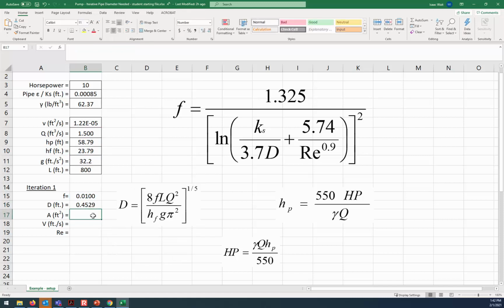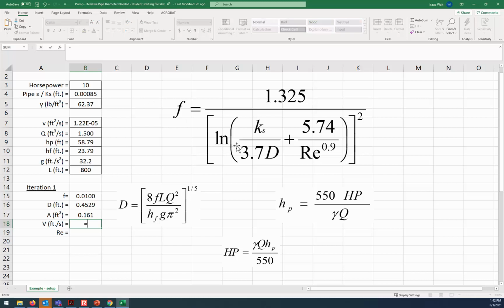All right, now the area, that's easy enough, right? Pi D squared divided by 4. So pi times D squared divided by 4. Okay, so if my pipe has a diameter of 0.45 feet, then the cross-sectional area is 0.161 feet squared.